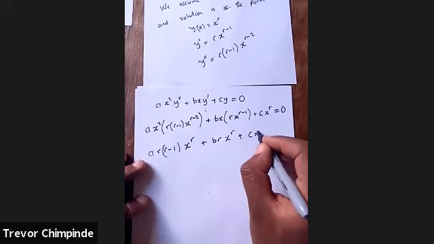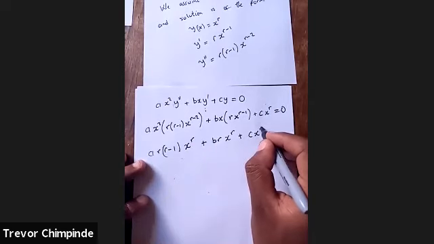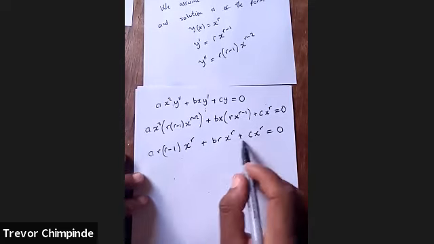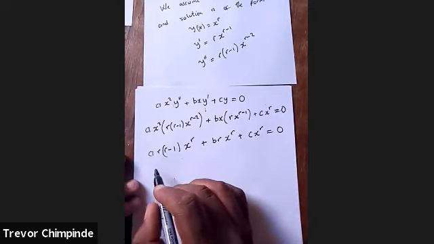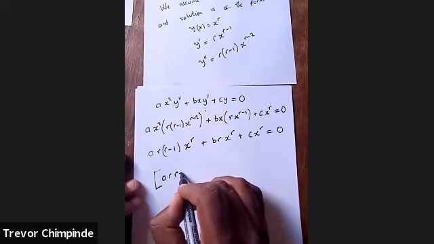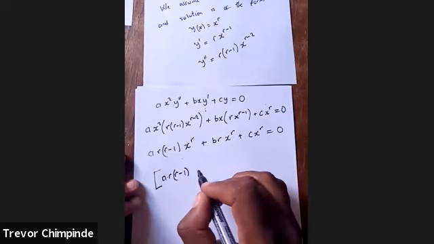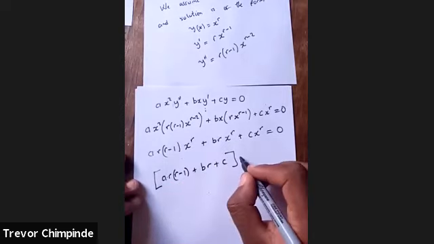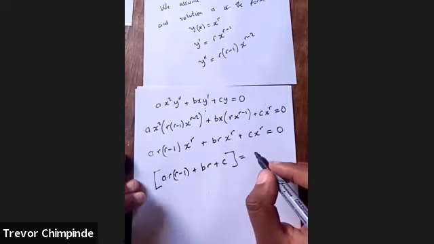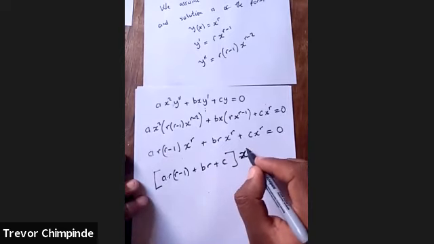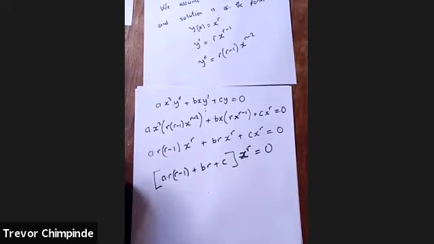And this is c, x to the r, is equal to 0. The x to the r is common in all these three terms, so we can factorize. And we have a r minus 1 plus b r plus c, times x to the r, is equal to 0.